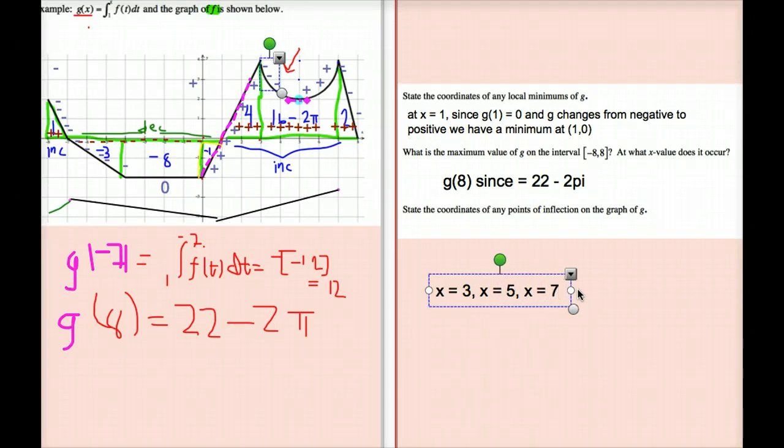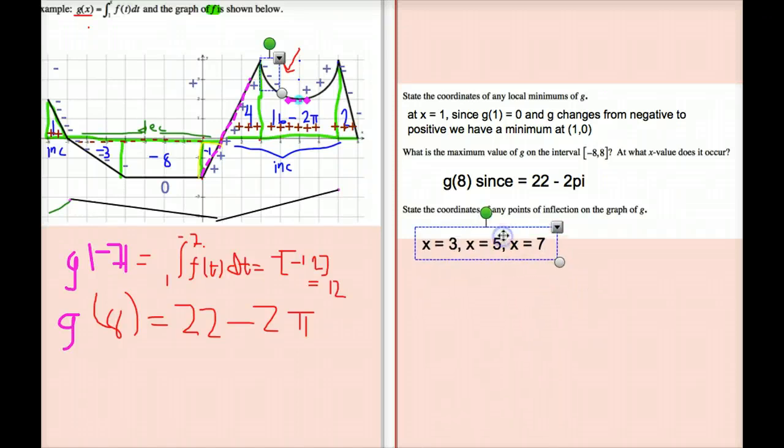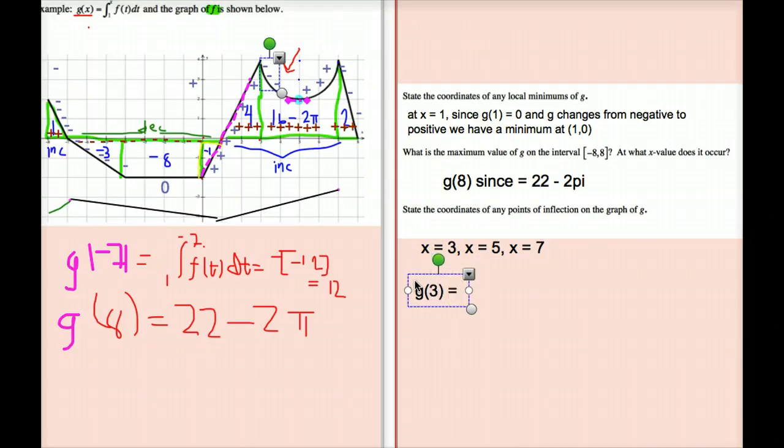Because it just says state the coordinates, I have the x values, I have to find the y values, so I plug all of these in. If I find g of 3, we actually found that answer earlier. We found g of 3 to equal 4, so that point is (3, 4).